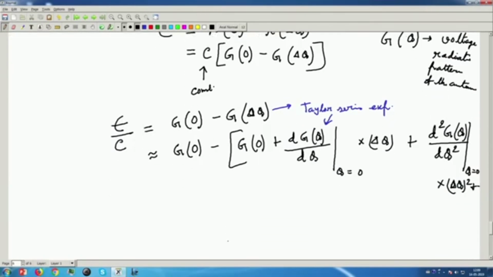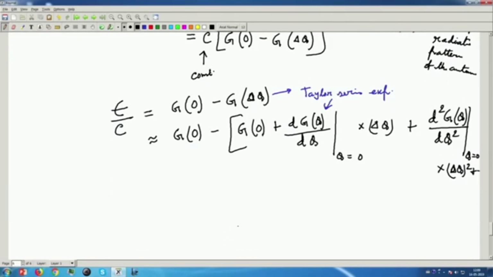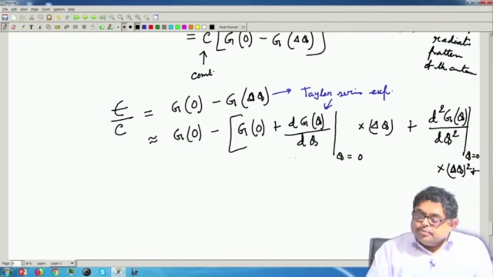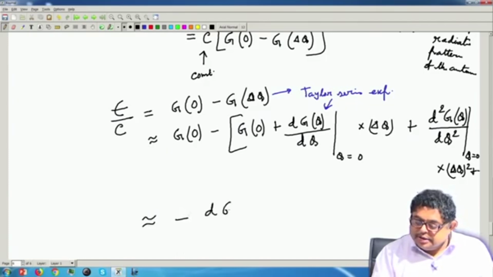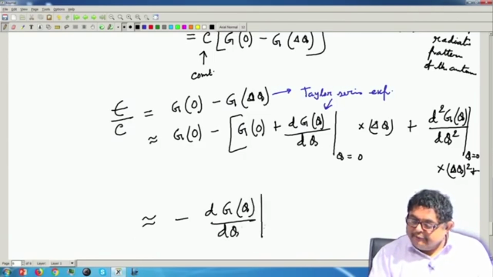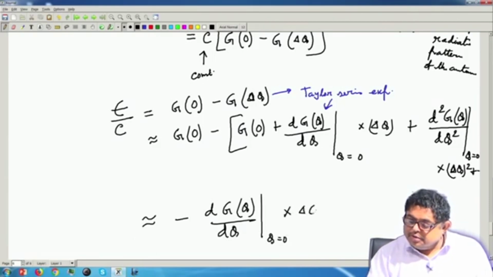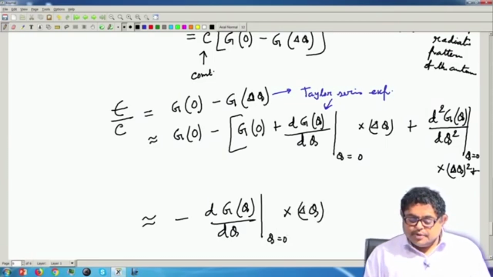Now, if I restrict only to the first order terms, I can write this is nothing but minus d G theta d theta at theta is equal to 0 into delta theta, roughly.